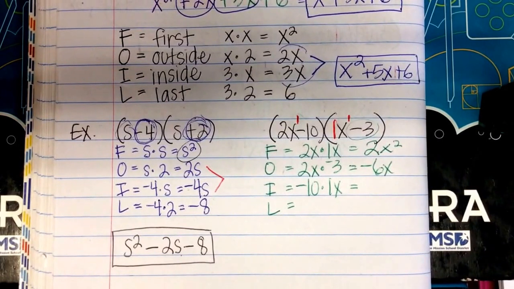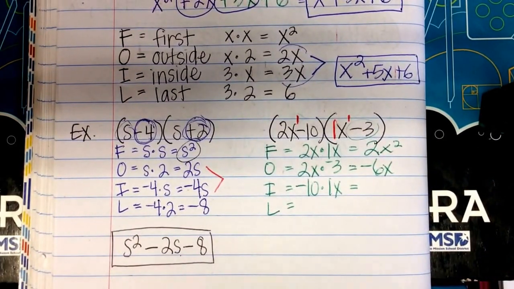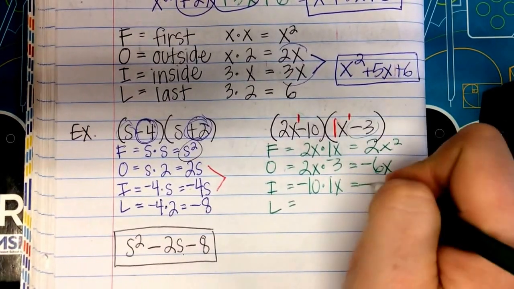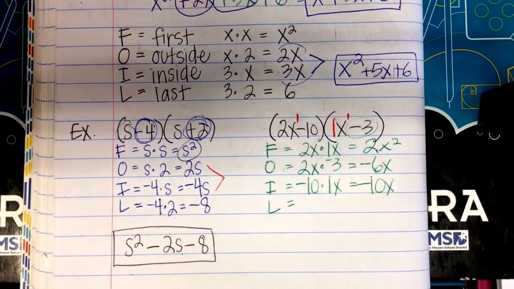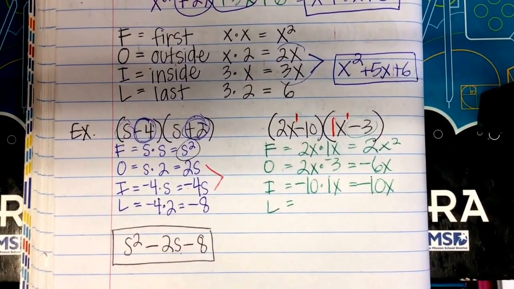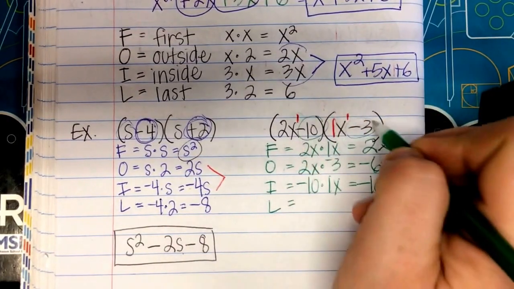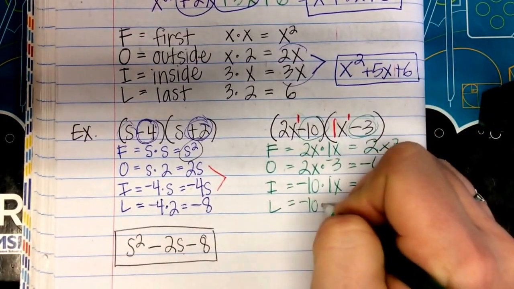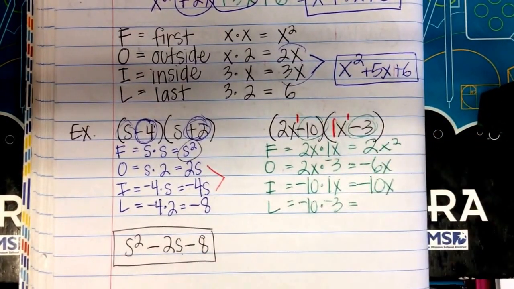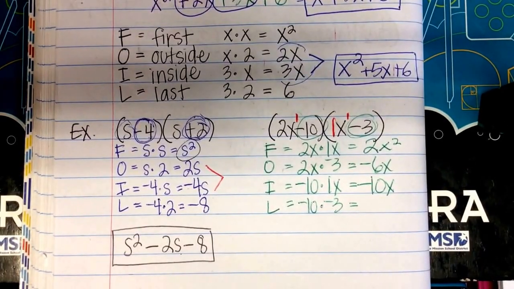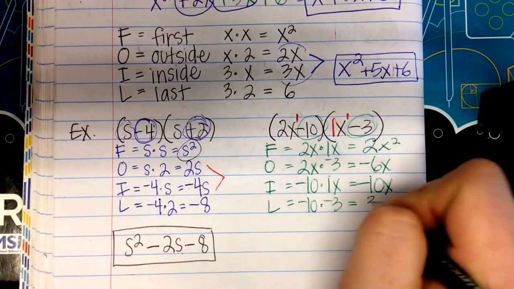What is -10 times 1x? -10x. And my last terms, Angelina. -10 times -3. What is -10 times -3? +30.